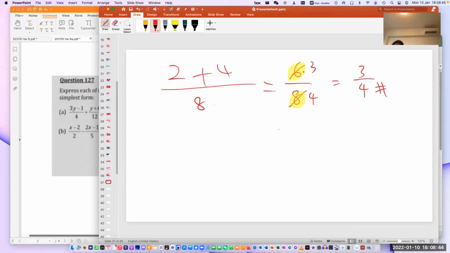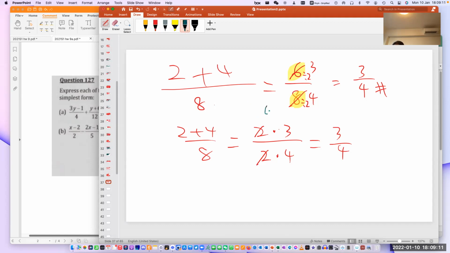So what you are actually doing, I'm going to show you. Without you knowing, you are actually splitting the 6 into 2 times 3. You split the 8 into 2 times 4. And then therefore you see both 2 here and 2 here. That's why you cancel the 2. And then you end up with 3 over 4.